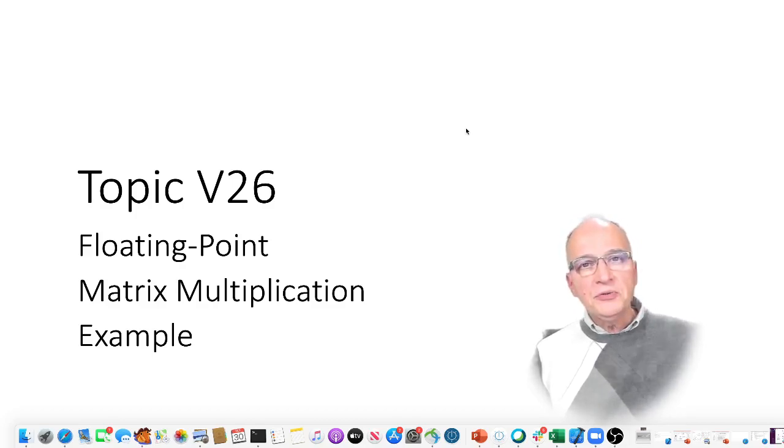Matrix multiplication is a very important operation, has always been, but in recent years it became even more important because matrix multiplication is one of the fundamental operations needed for deep neural networks that are used in deep learning.